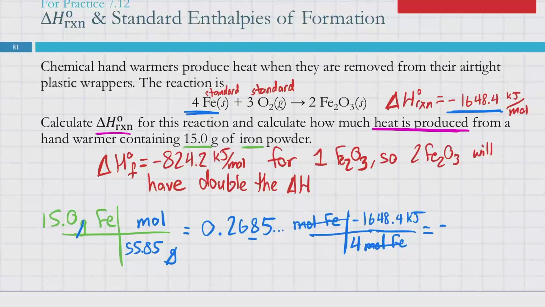And we get a value of negative 110.68 kilojoules. We'd round it to negative 111 kilojoules.